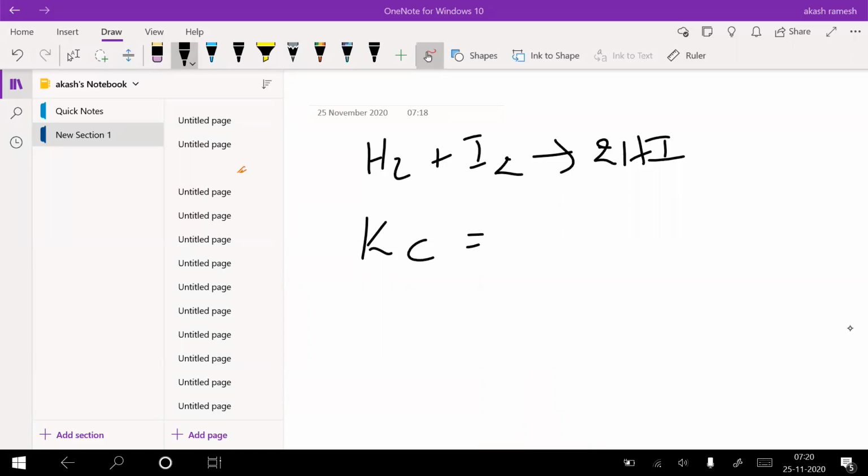Whatever it is, can you tell me for this reaction which is behind you here, how will you write the Kc equation? You can put it in the chat. I have H2 plus I2 giving 2HI, Kc for this reaction.